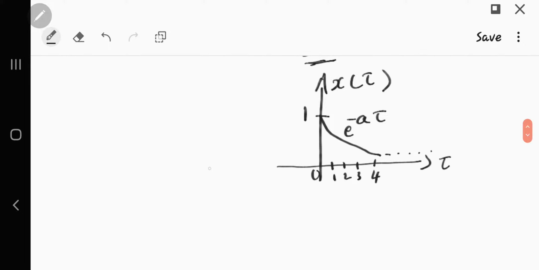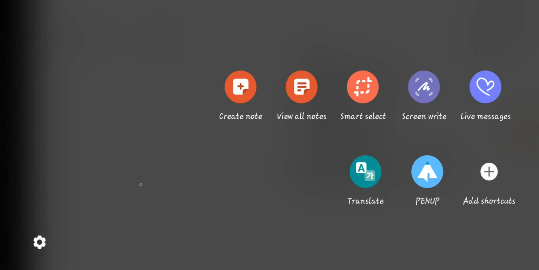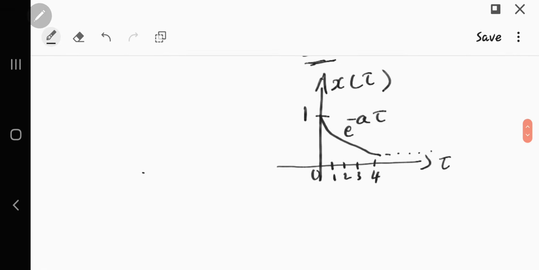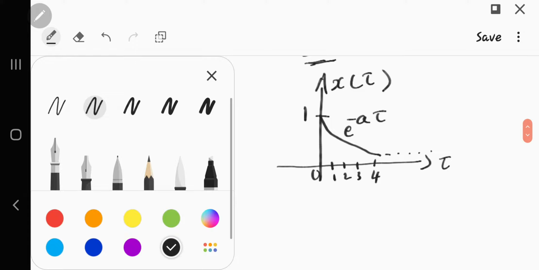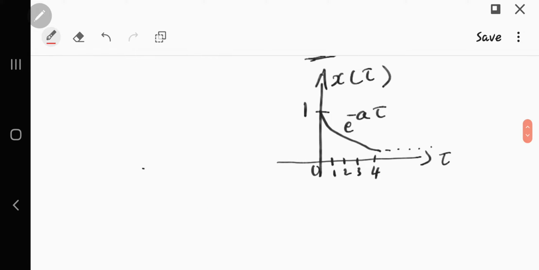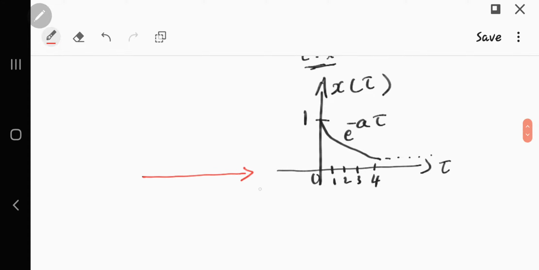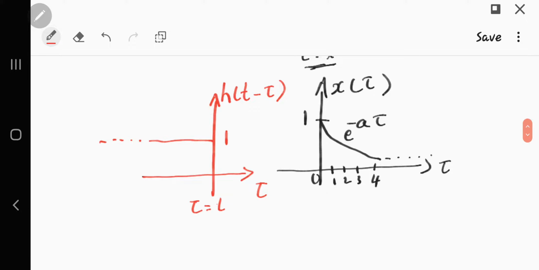Here I will use a different color to write this signal. Now observe here, this is h of t minus tau with amplitude 1, and here tau is equal to t.